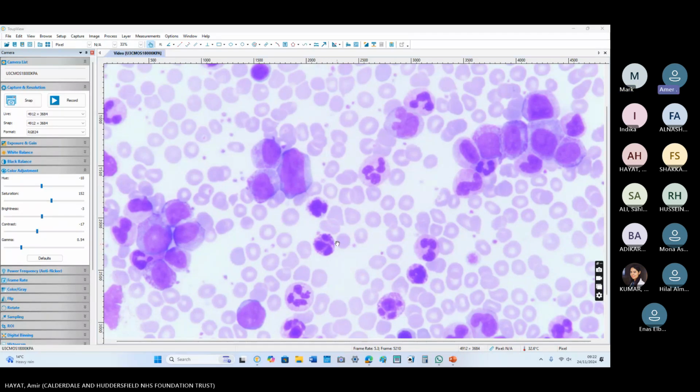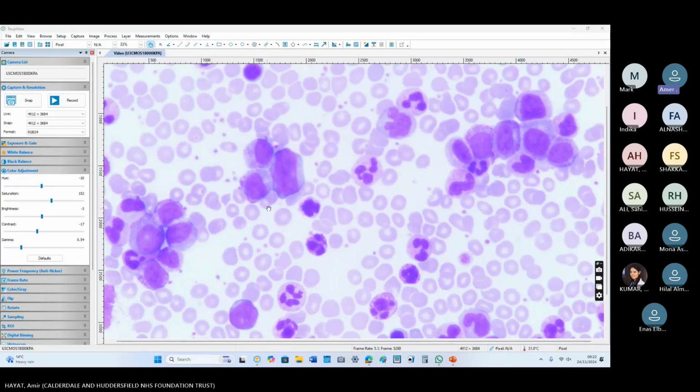This one is very granulated, and this one as well is very granulated. Not sure about this one.